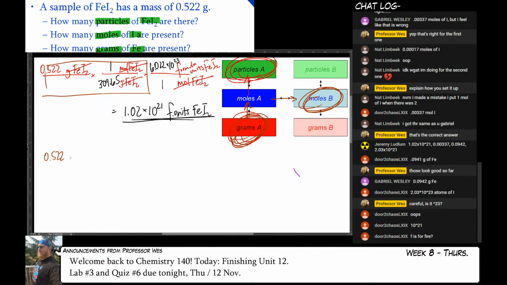Let's try that one again. And I'm going to copy the part that's the same. Normally I'd do all the units first, and then do the numbers.